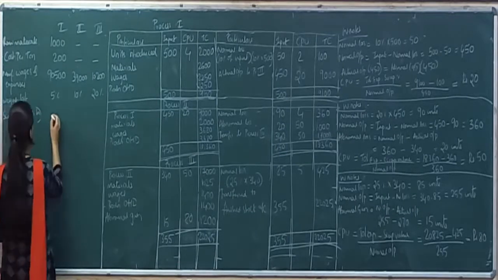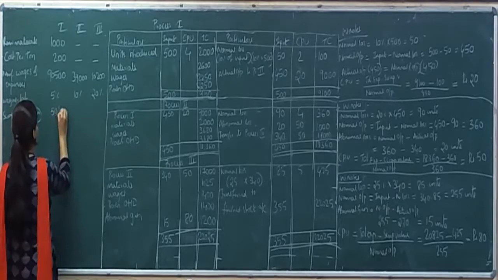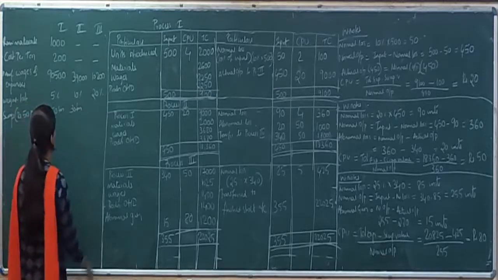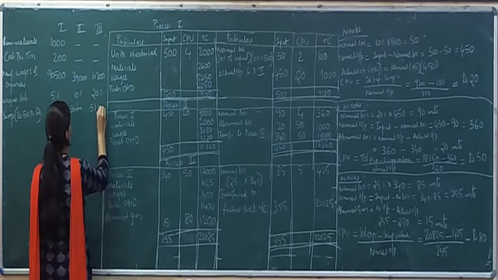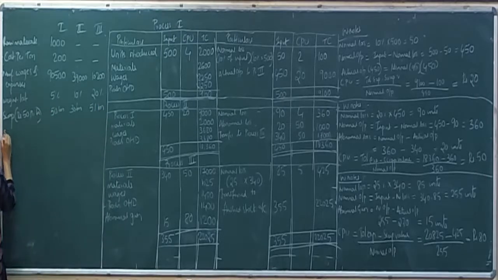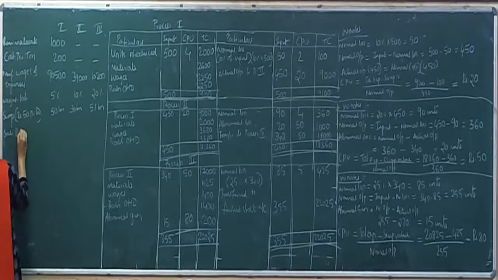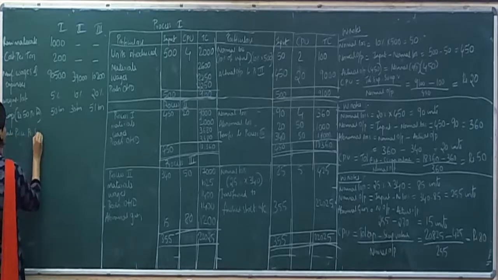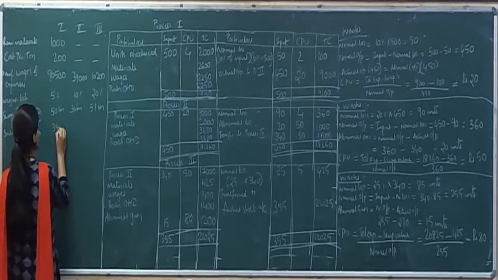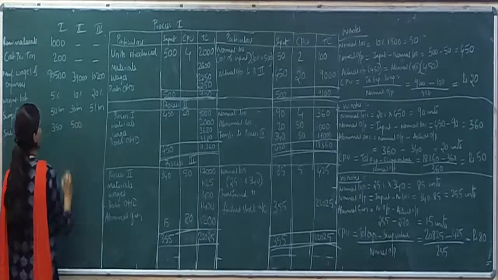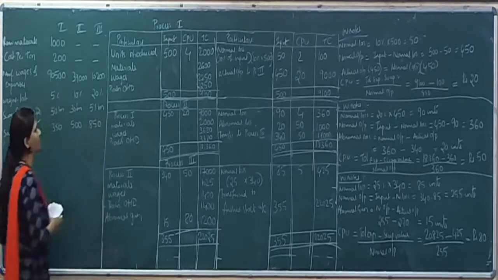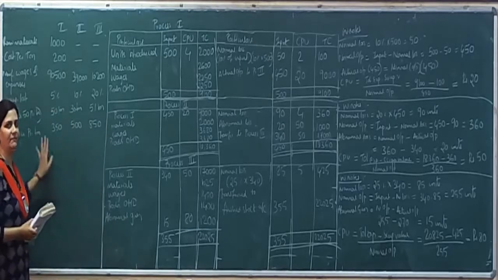This is 50 ton, 30 ton and 51 ton. Sale price per ton 350, 500 and 850. So these are the details pertaining to the different processes.